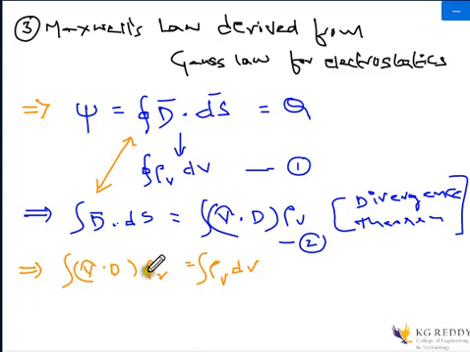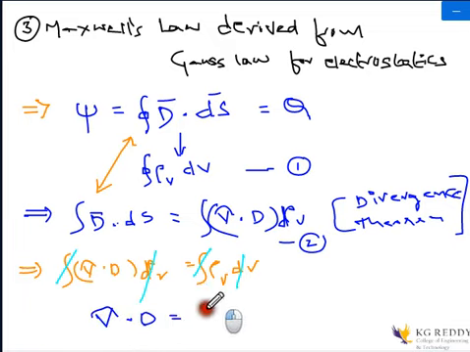Sorry, it is dv here, and this is also dv. So now I am cancelling dv and dv, and the integration and integration. Finally you will get divergence of D is equal to rho v. So this is one more Maxwell's equation which is derived from Gauss law.